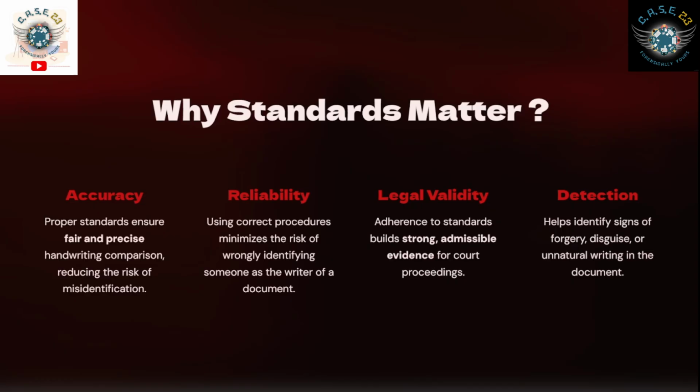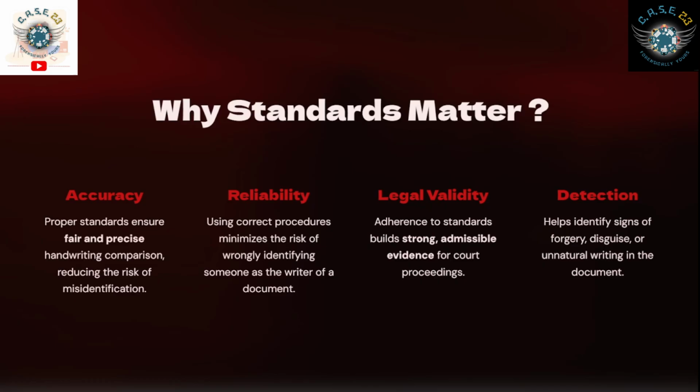The first is accuracy. When experts follow proper standards like collecting enough samples and matching the writing conditions, the analysis becomes more accurate. This can reduce the chance of misidentification or any error where someone innocent might wrongly be connected to a document. Then reliability. Yes, using correct procedures makes the comparison more trustworthy.